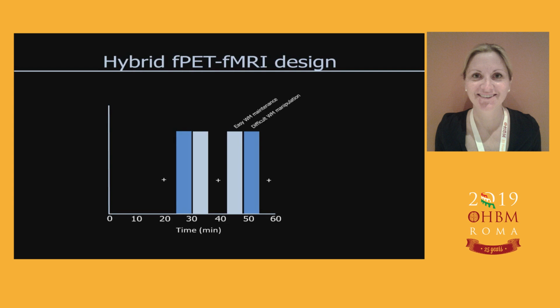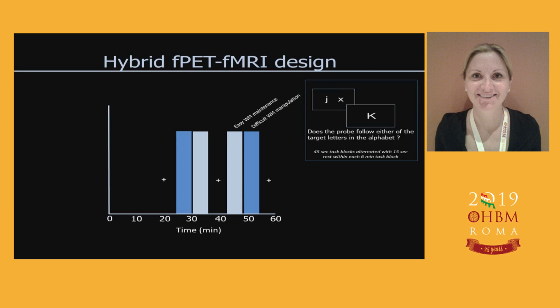And then we have 2 working memory conditions. One is a difficult working memory manipulation condition acquired during 6 minutes, indicated here with the dark blue bars. During that condition, the participant is presented with 2 letters first, then a short maintenance period, and then a probe letter, with a question whether this letter followed either of the target letters in the alphabet.